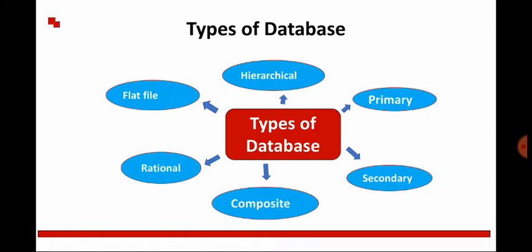In the primary database, experimental results are submitted directly by the researchers. There are different types of nucleotide databases and protein structure databases. Once a data accession number is given to a kind of data in a primary database, that cannot be changed further.